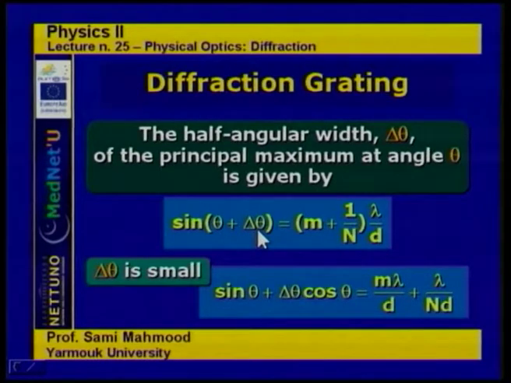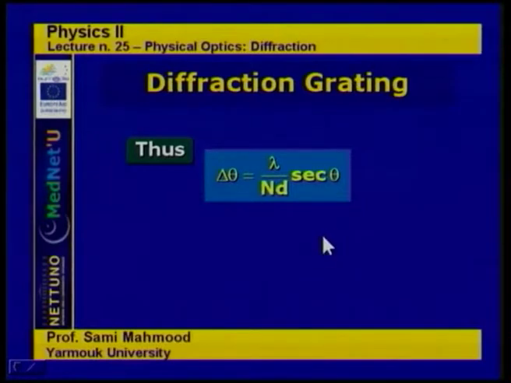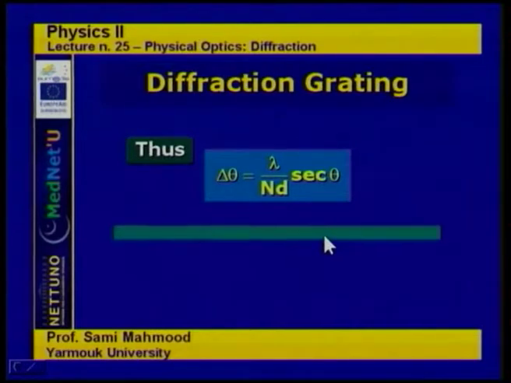And sine Δθ is equal to Δθ because Δθ is small, so we get sine θ plus Δθ cosine θ, and that is equal to mλ over d plus λ over Nd. And sine θ is equal to mλ over d, which can be cancelled out. We are then left with the relation Δθ equal to λ over Nd times secant θ.